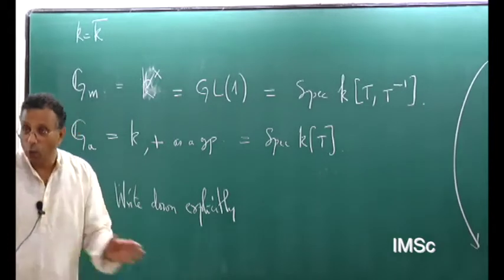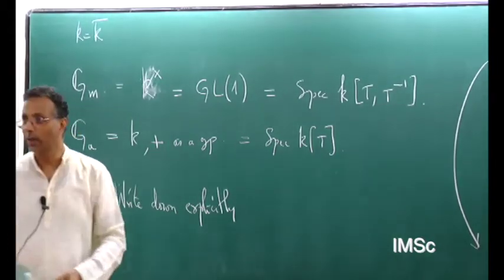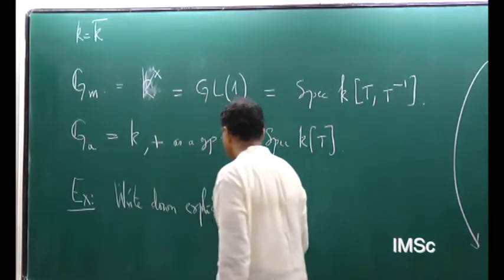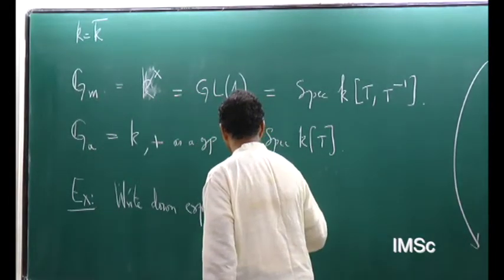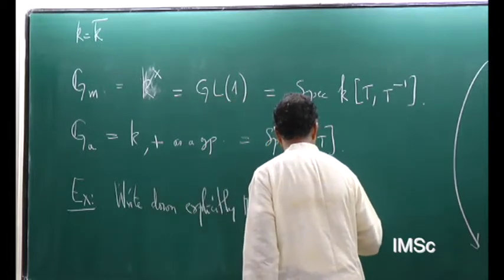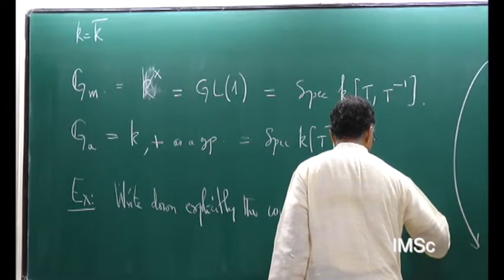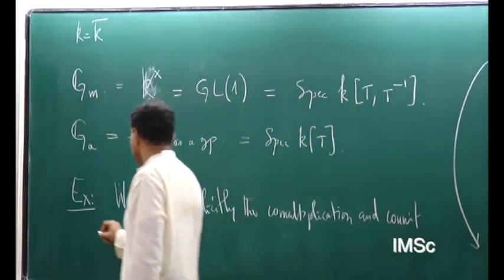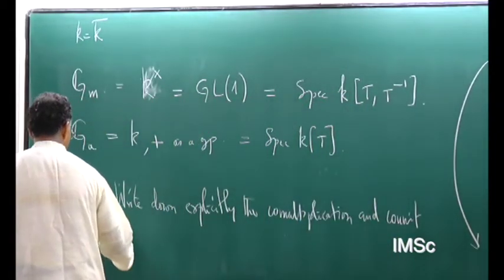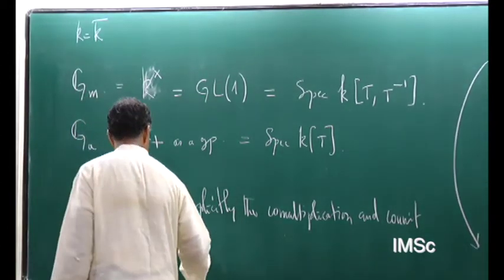But I would want you to write delta of t equal to, right? You should write that out. Write down explicitly the co-multiplication and co-unit maps on K[t, t inverse] and K[t].